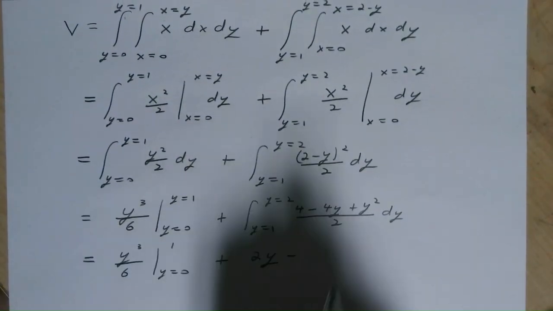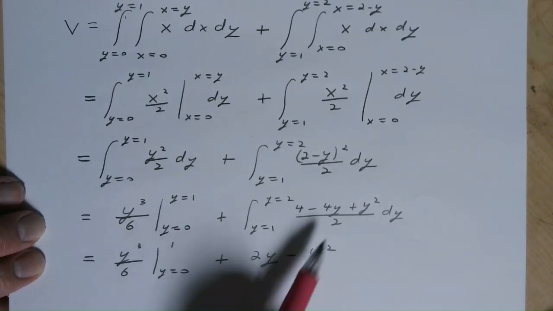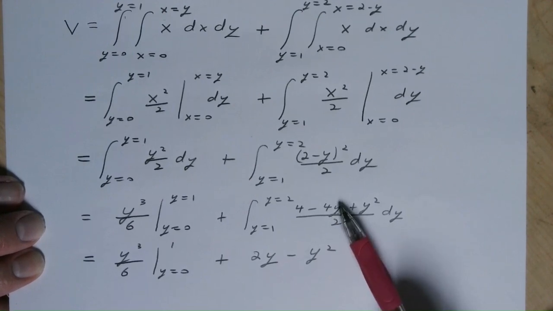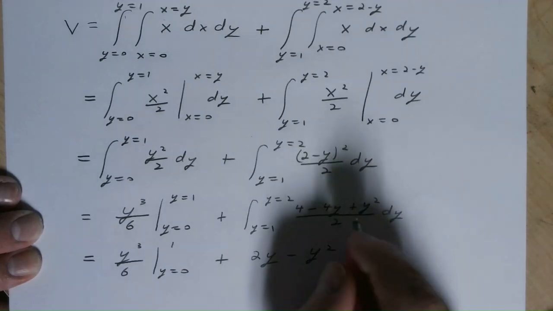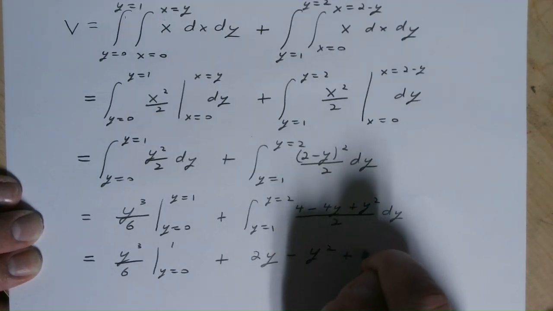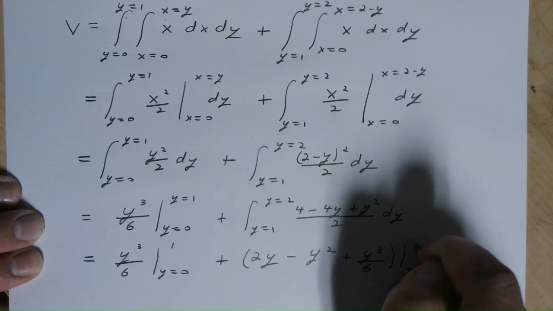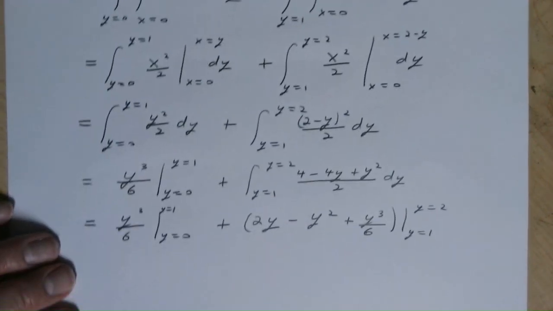So this one becomes y squared. Then we integrate, that's going to be y squared divided by 2, comes out to be this. And this is going to be plus y cubed divided by 3, and then times the number that's down there. So it's going to be from y equal 1 to y equal 2, like this.